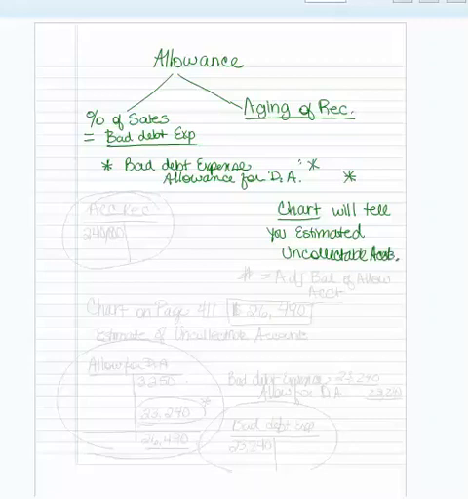That number in the chart is going to equal the adjusted balance of your allowance account. Okay? So look at the chart on page 411.